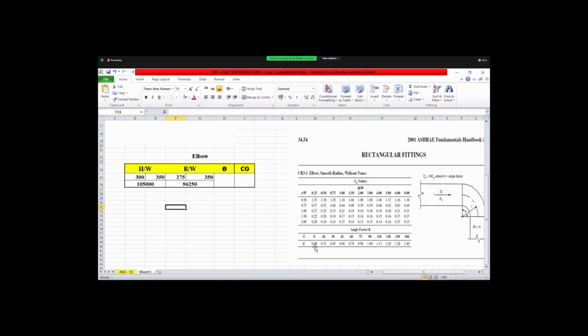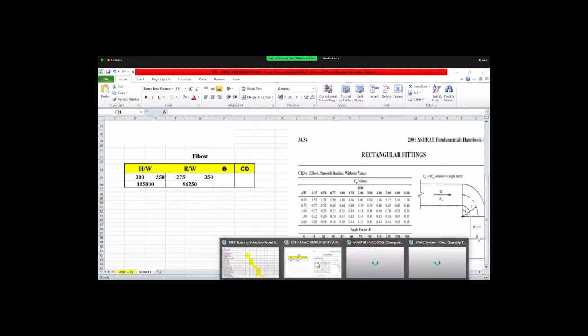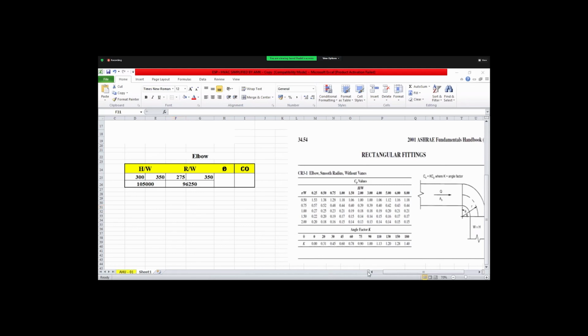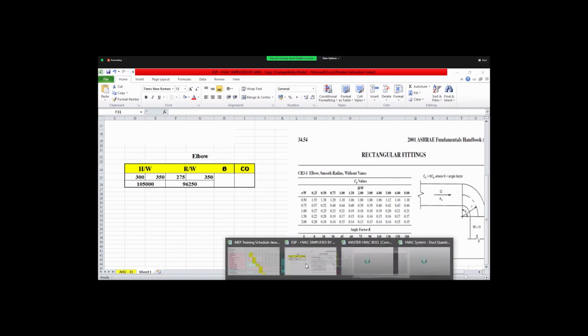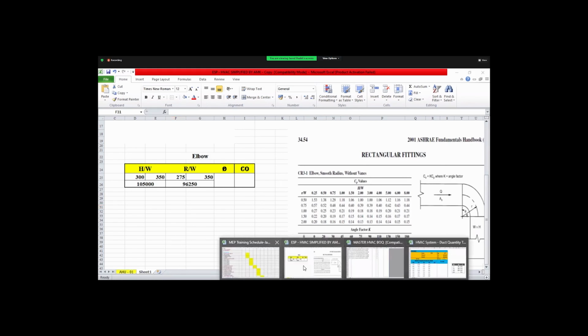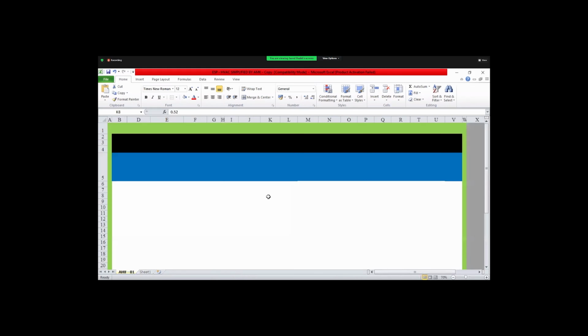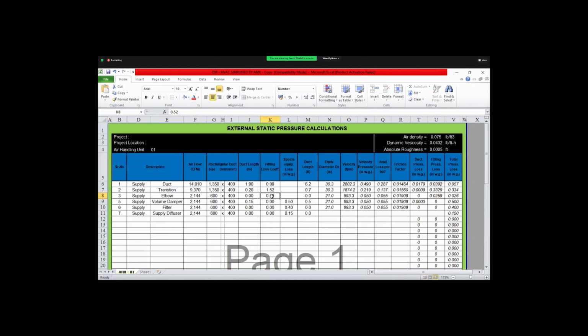So if it's 0, we have to take the standard thumb rule as 0.52 for elbow. And for VCD, volume control damper, we have to mention the size.